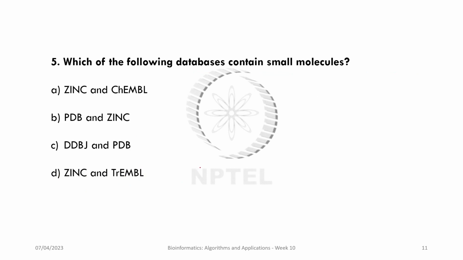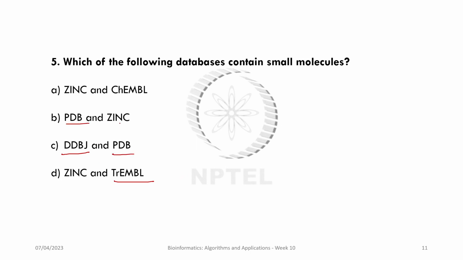Question 5. Which of the following databases contains small molecules? Option A, ZINC and ChEMBL. Option B, PDB and ZINC. Option C, DDBJ and PDB. Option D, ZINC and thrombin. So we know that these are sequence based databases.